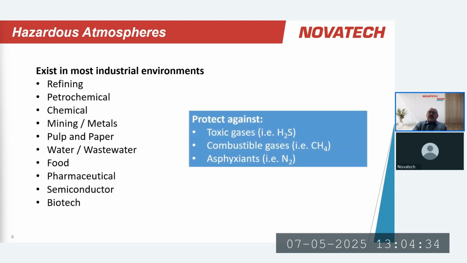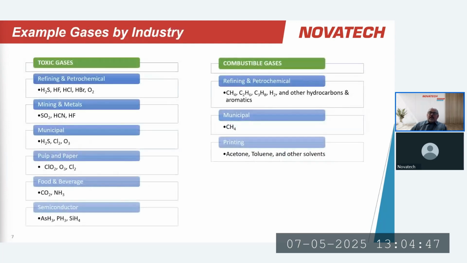Again, for the purposes of today's discussion, we're going to focus on the three categories, which we generally group as toxic gases, combustible gases, and asphyxiants. Some examples of the types of gases that you might find depending on the industry.